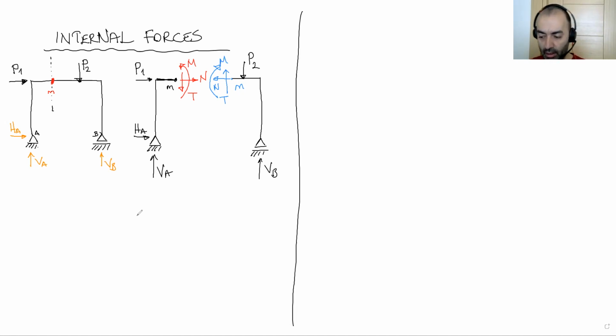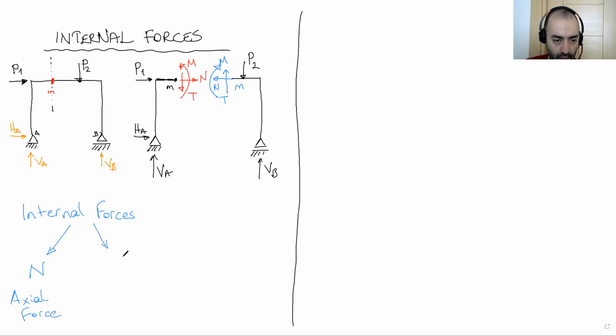So here we have 3 internal forces. One is N, this is axial force. One is T, shear force.